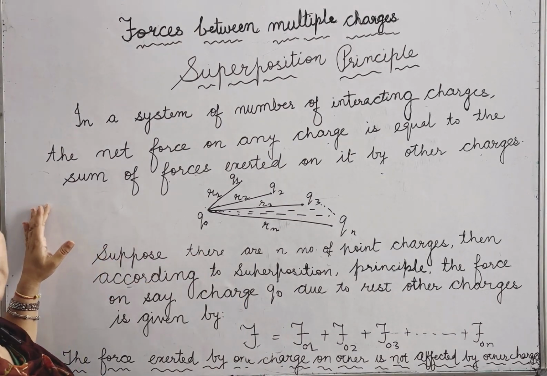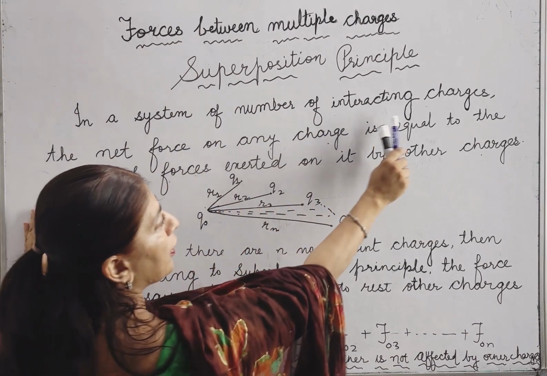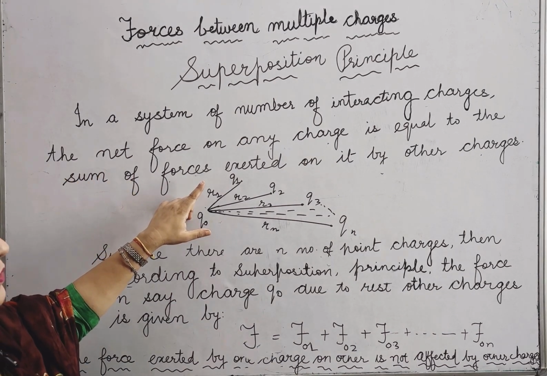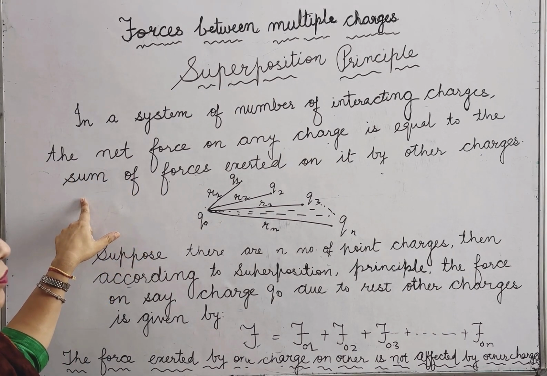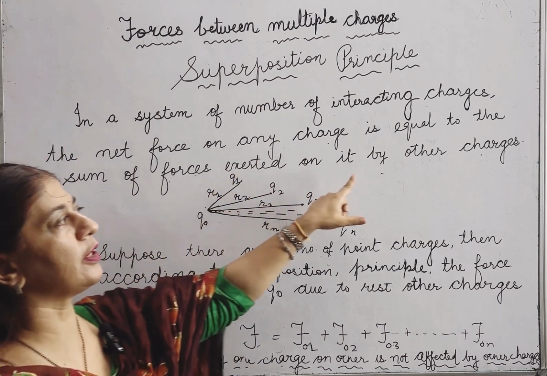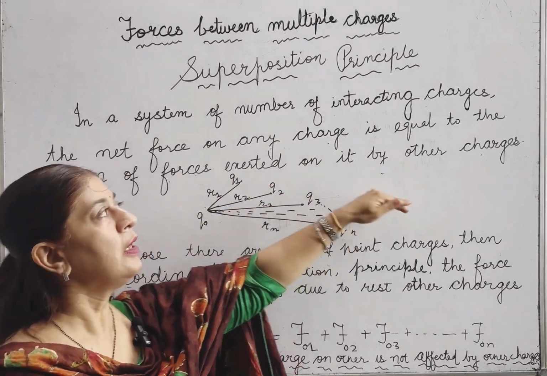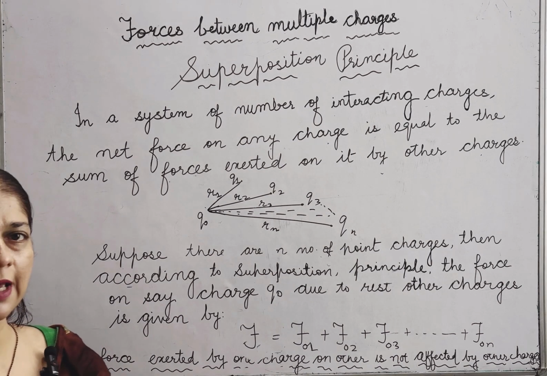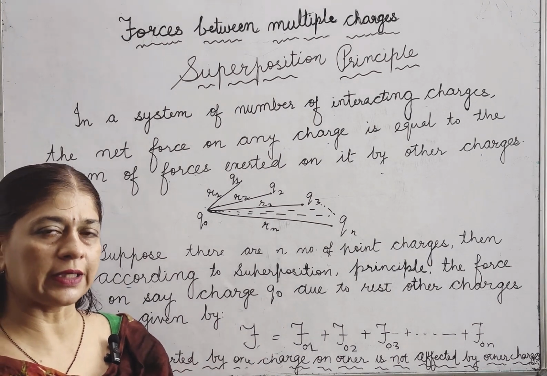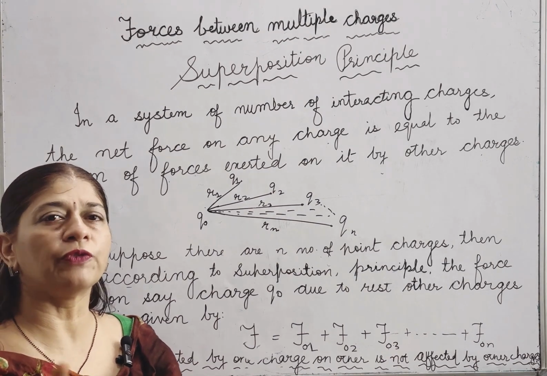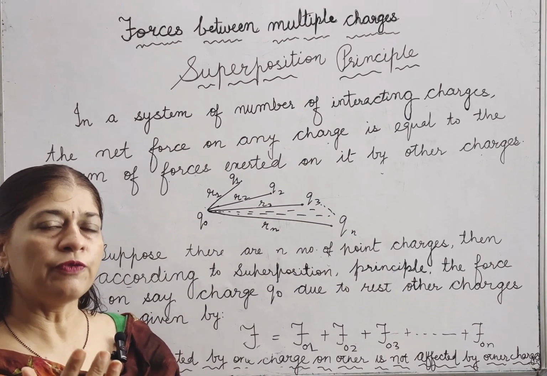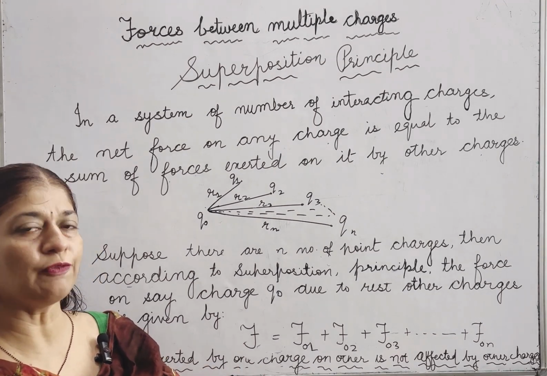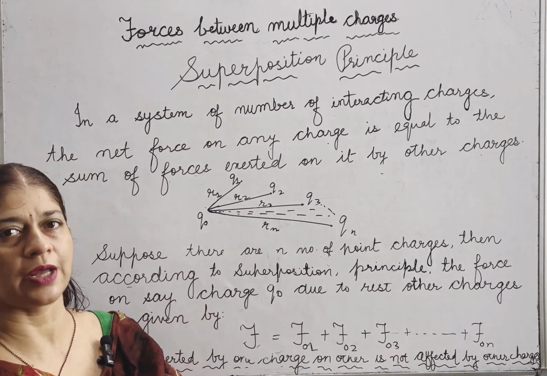In a system, we have a number of interacting charges. The net force on any charge is equal to the sum of the forces exerted on it by the other charges. To understand this superposition principle, we consider one charge and want to find out how that charge experiences force because of the rest of the charges.